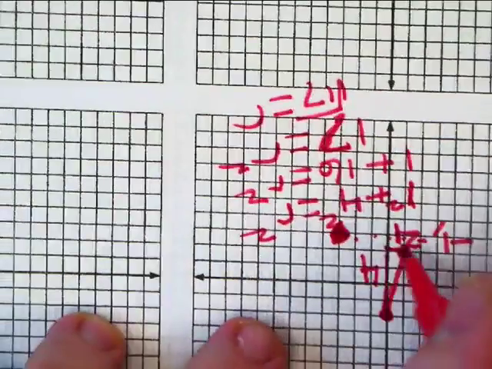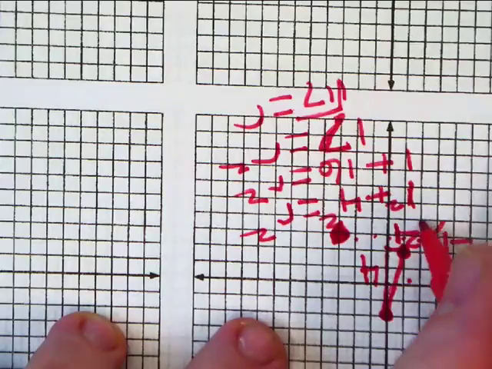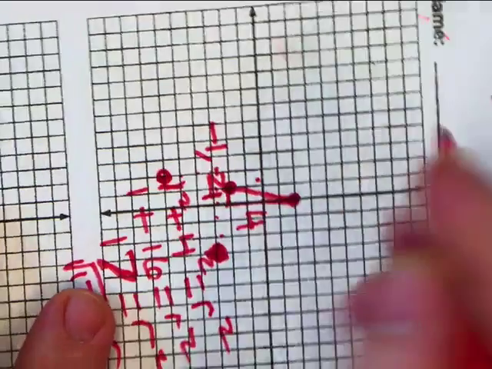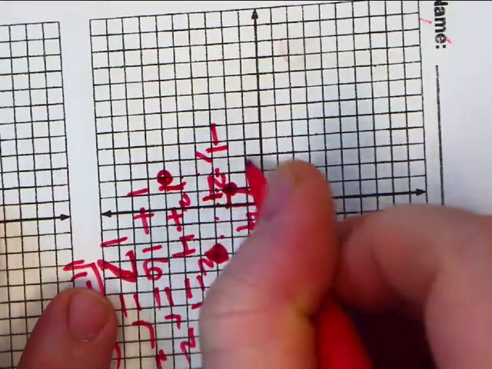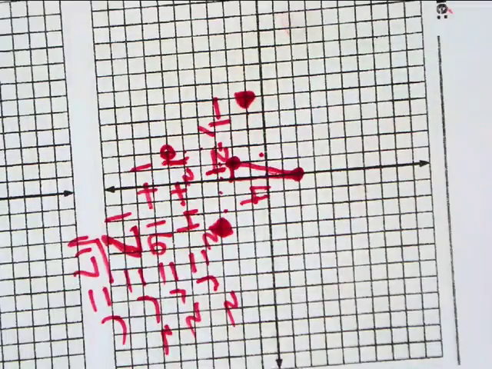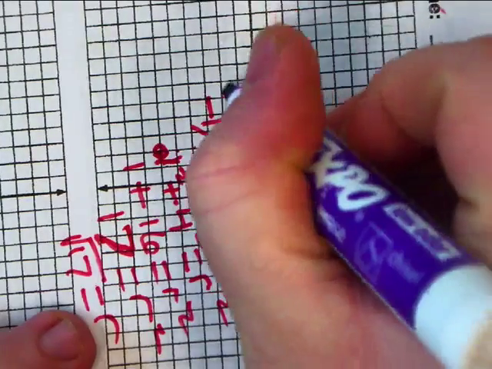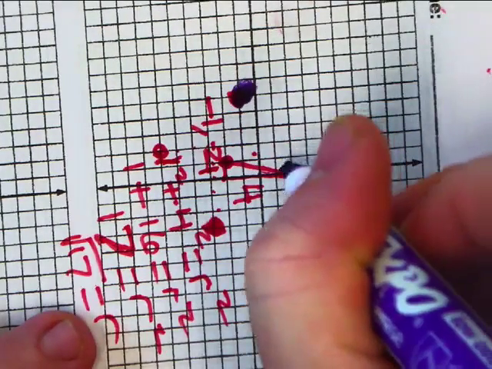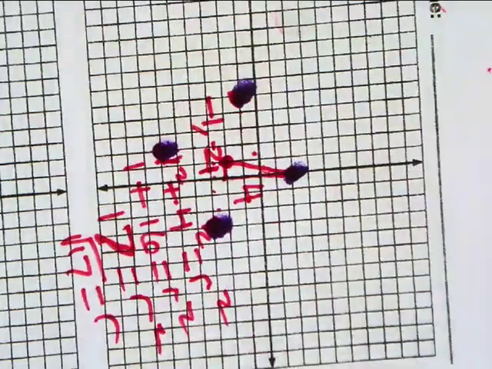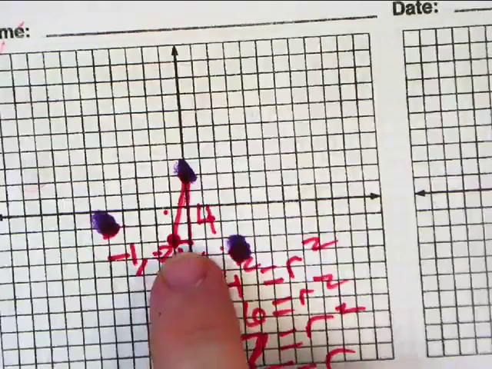We go to the right 1 and up 1, 2, 3, 4. And then turn it one more time. To the right 1, up 1, 2, 3, 4. Each one of those points is going to end up on the circle. So that point, that point, that point, and that point will all be on the circle. And you can get it just by using the same slope.